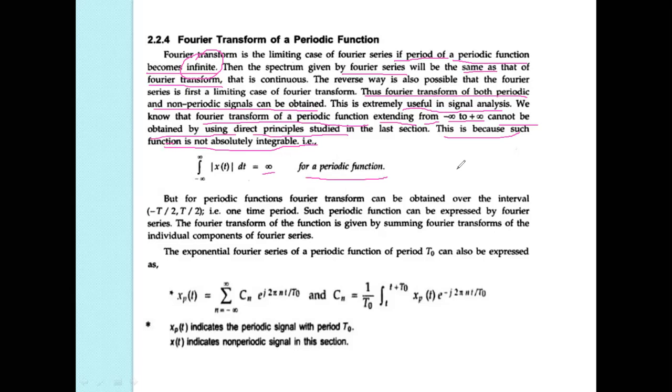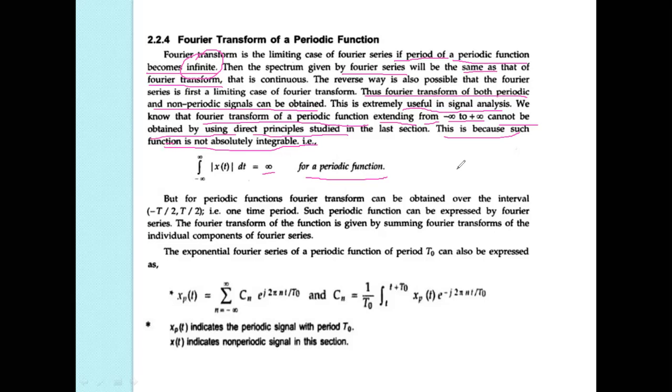For a periodic function, the Fourier transform can be obtained by integrating over the interval of minus T by 2 to T by 2, one time period, nothing but one full cycle. Such a periodic function can be expressed by the Fourier series. The Fourier transform of the function is given by summing the Fourier transforms of the individual components of the Fourier series.